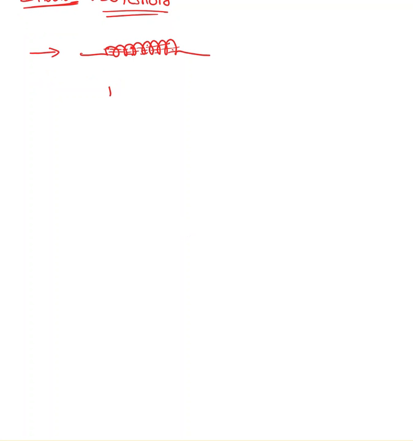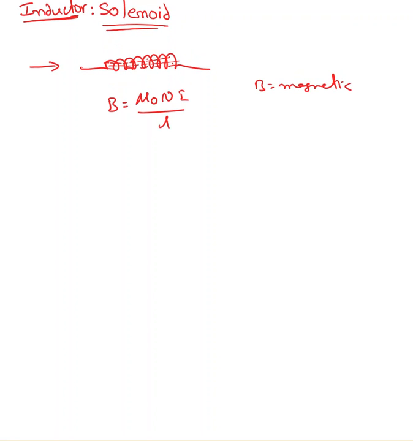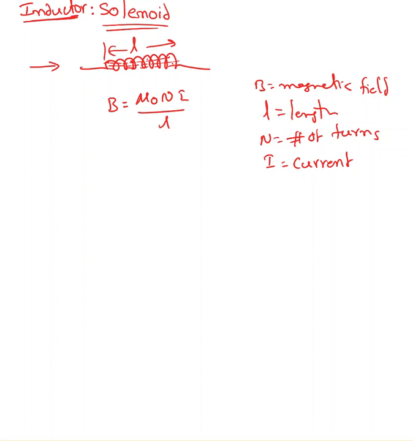The value of that magnetic field B equals mu naught n I over L. B is magnetic field, L is length of the solenoid, n is nothing but number of turns, and I is the current. So this is the magnetic field produced by a solenoid or inductor.